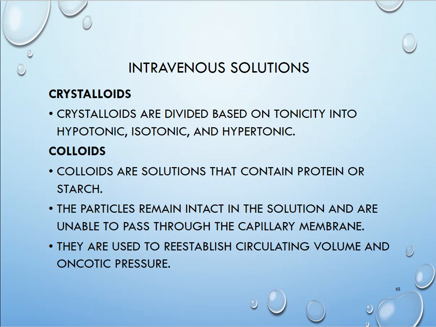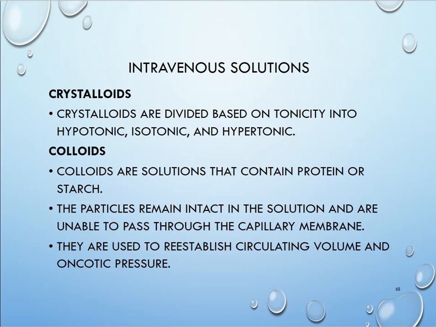Isotonic solutions have a tonicity that is essentially the same as blood plasma. And so these types of fluids increase intravascular volume only, but do not cause fluids to shift in or out of the cell. When not monitored closely, isotonic fluids can lead to circulatory overload, and we briefly discussed those previously.